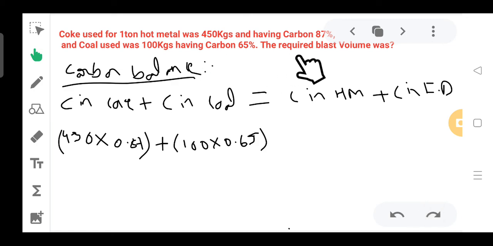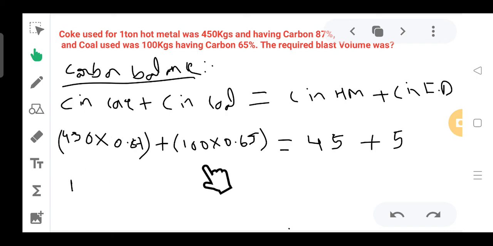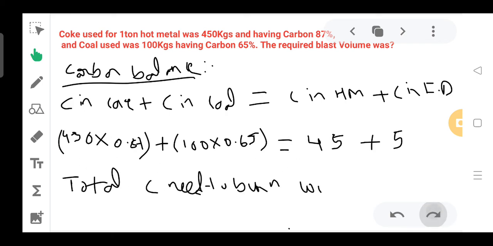If you observe the hot metal analysis, almost 4.5% carbon will be in the hot metal. 4.5% means almost 45 kgs, and carbon in flue dust will be almost 5 kgs lost. So the total carbon we need to burn will be this minus this, which is 406.5 kgs.